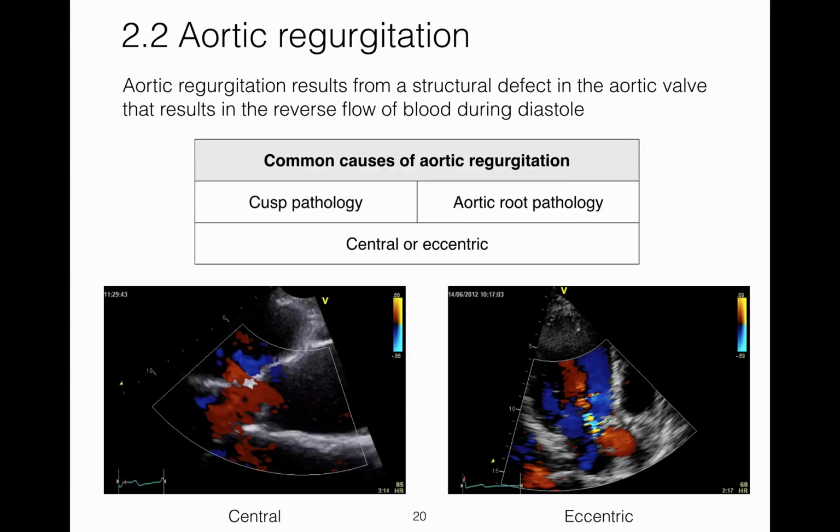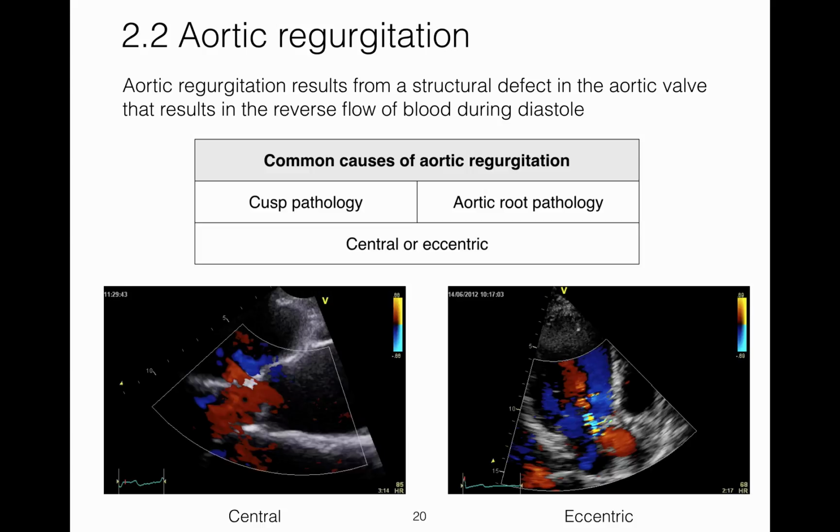Aortic regurgitation. Aortic valve regurgitation occurs because of a structural defect in the aortic valve and results in reverse flow during diastole. Aortic regurgitation may occur because of cusp or aortic root pathology, that is, aortic root dilatation.